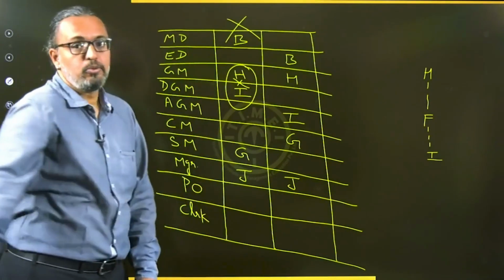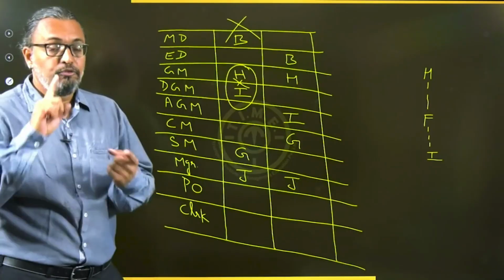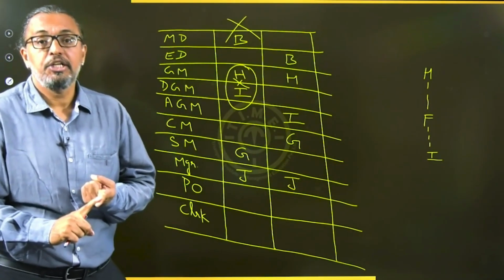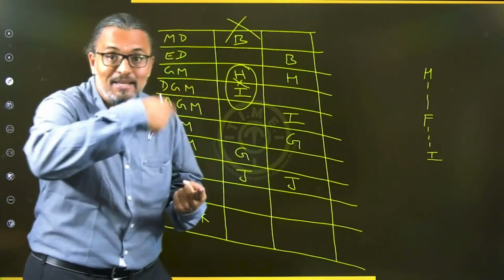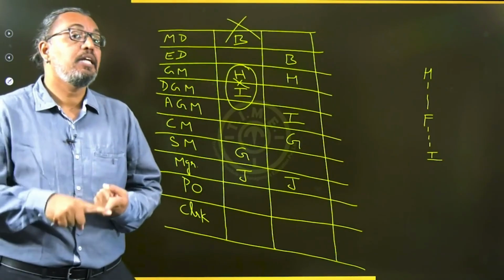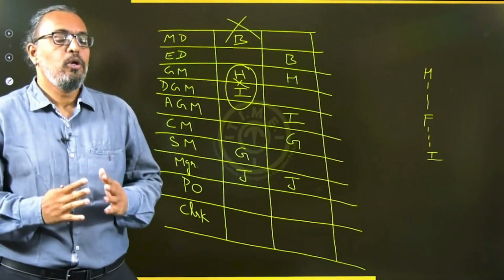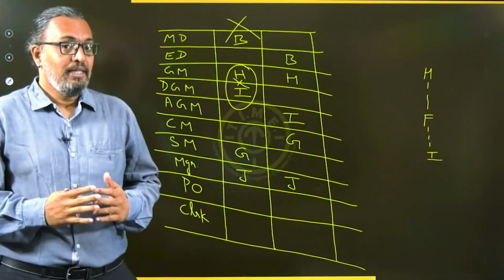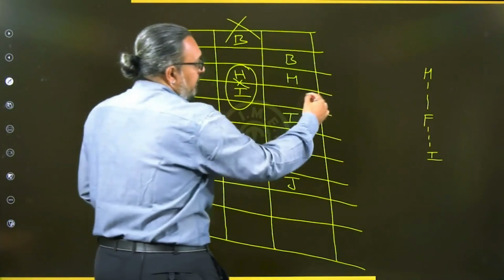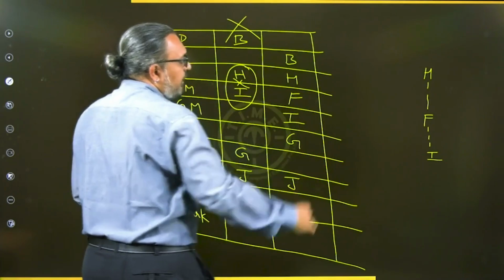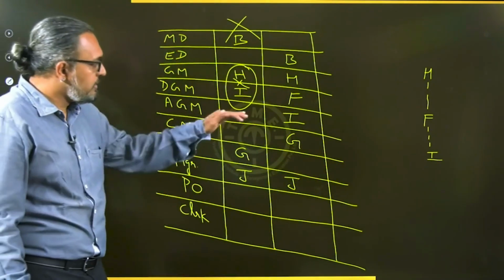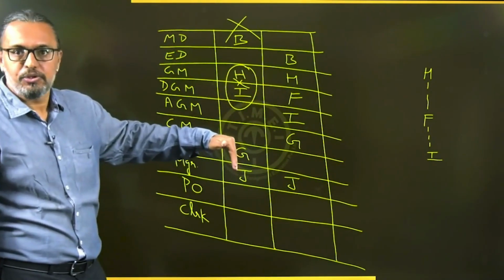So, this arrangement is ruled out. We need to learn to recognize which condition is giving you possibilities and which condition is eliminating that possibility. These are all the things you need to look at and understand. Got it? Now, here there is only one position between H and I and that will be F. Senior to I, junior to H. Correct?